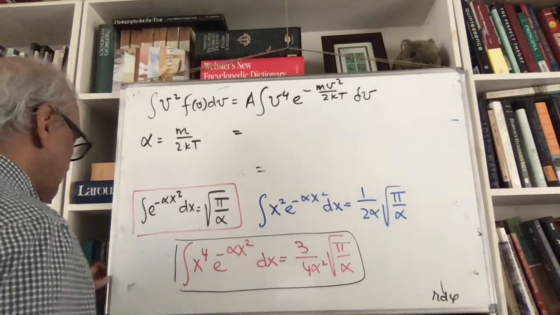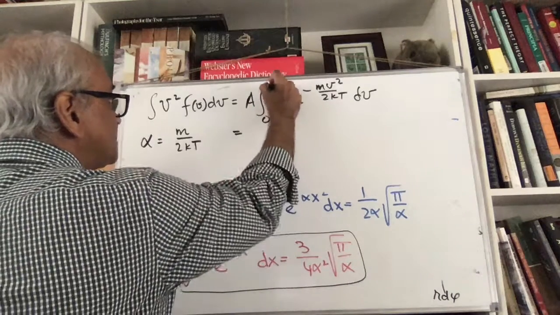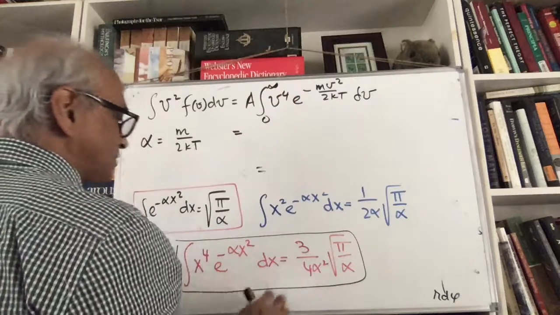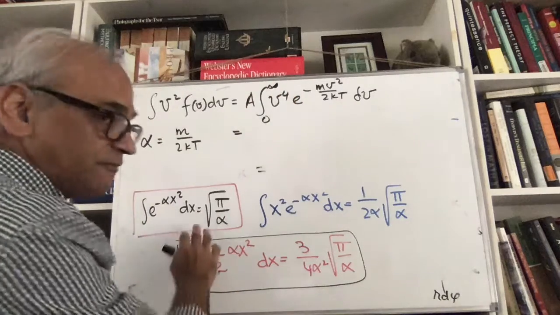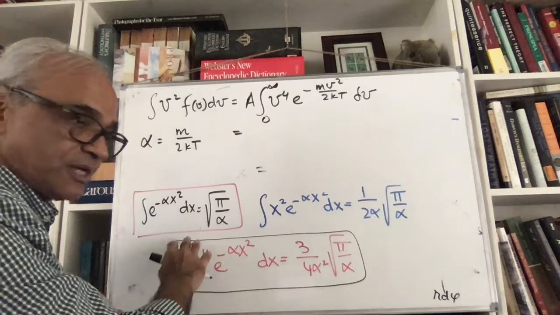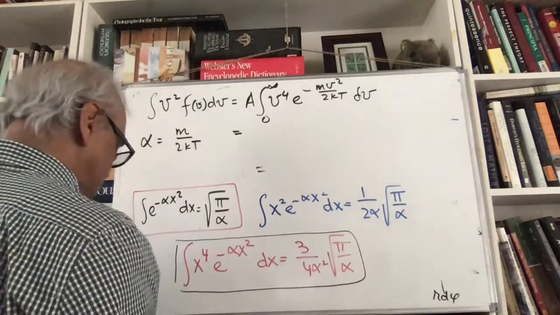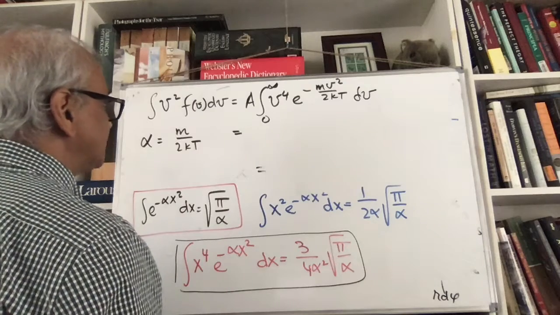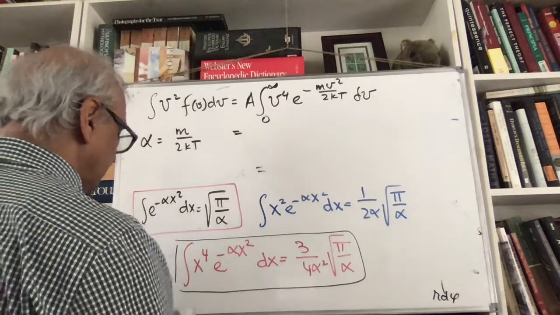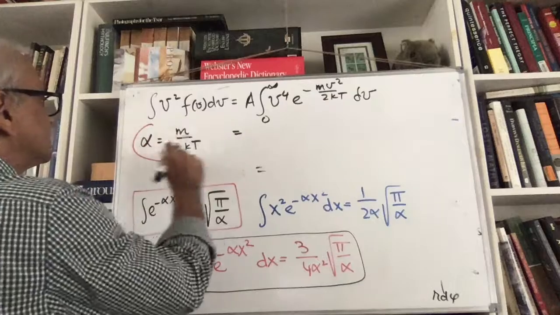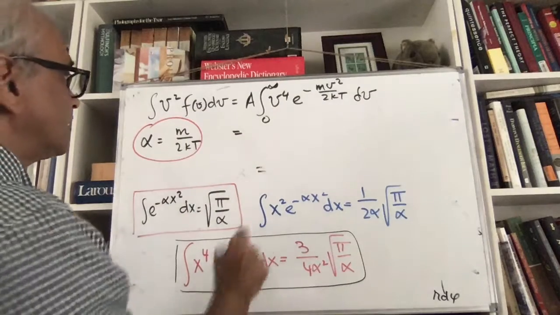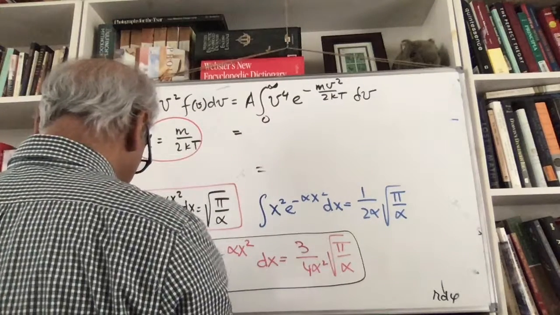So remember, this is 0 to infinity, but we're using here negative infinity to positive infinity, right? So what I need to do is make this thing half. Look what happens.